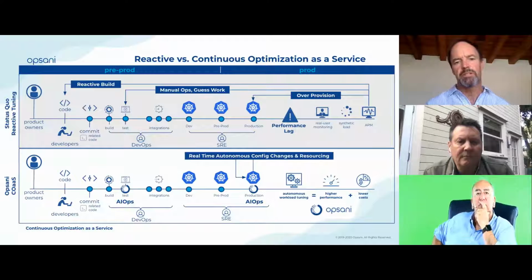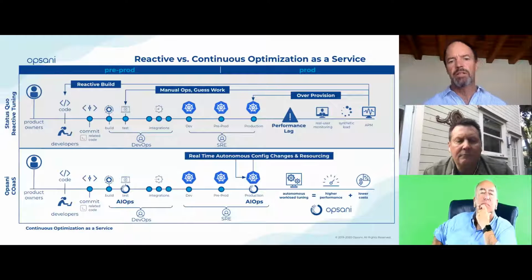And it's done autonomously. There's no human in the loop. It's done completely based on the performance and the cost of the application. Bring down the cost, as you say, double dip, get your availability and performance up, and without breaking the bank.